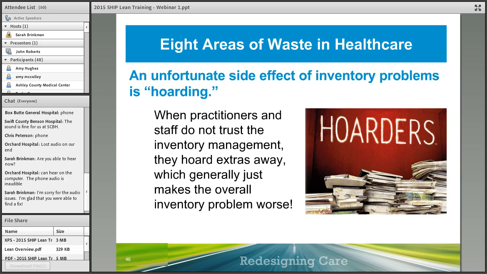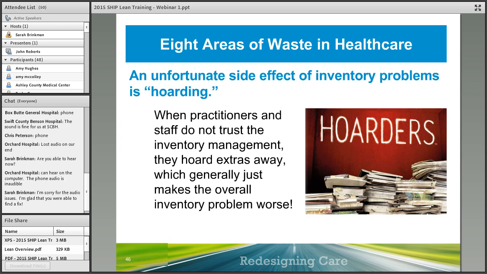The other thing that we've seen a lot in healthcare, and I'm sure this doesn't happen in any of your hospitals, but in some of the hospitals that I've worked with, we have some hoarders in the organization. We have practitioners or staff that have their own stash of supplies in different areas, again for just-in-case thinking.